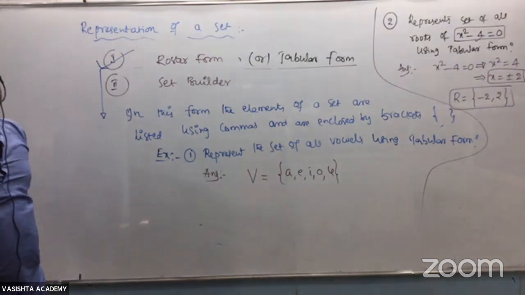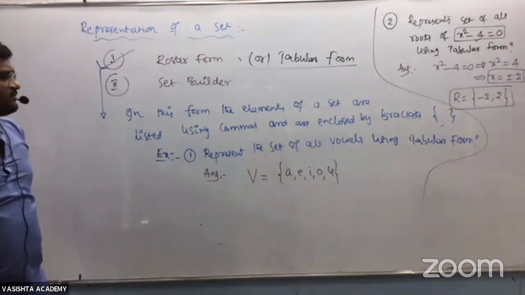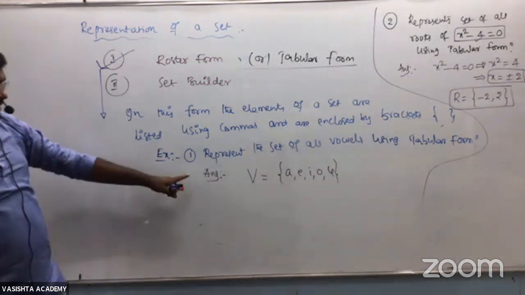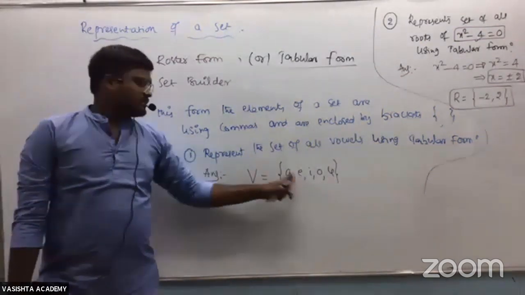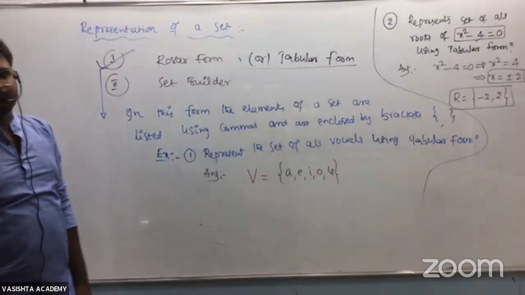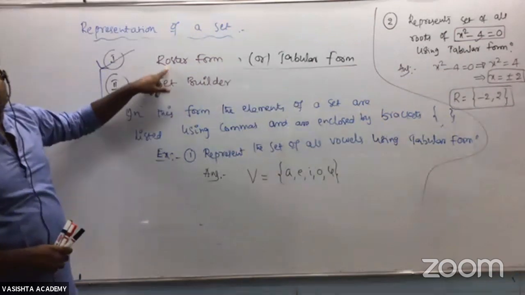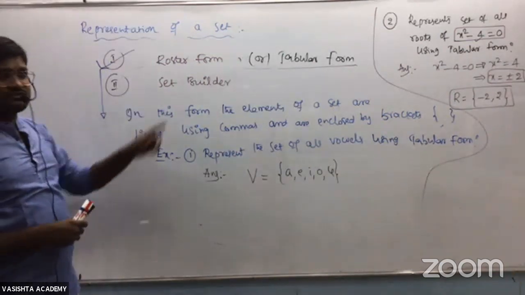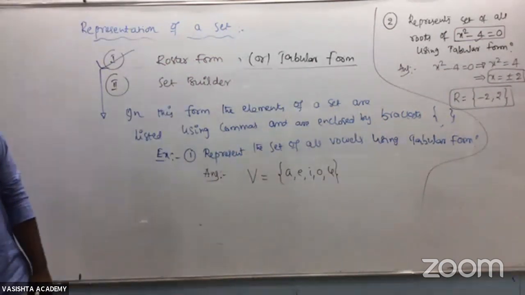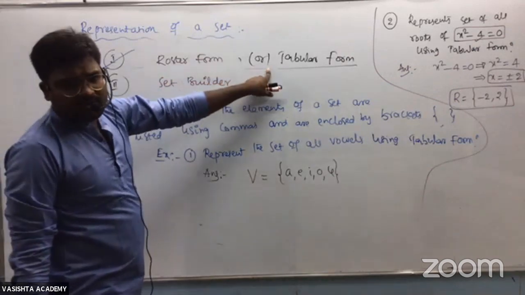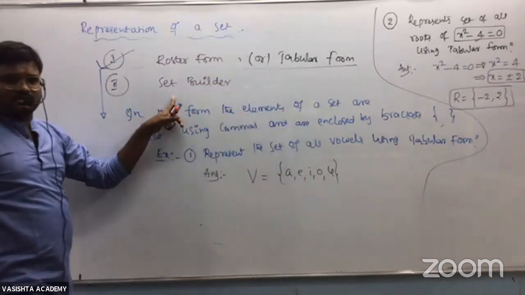So in roster form or tabular form, the elements of a set are written by using commas and enclosed by brackets. Okay. So I hope you have corrected this. Thanks for raising the doubt. Roster form or tabular form, both are the same. Second one is set builder form.